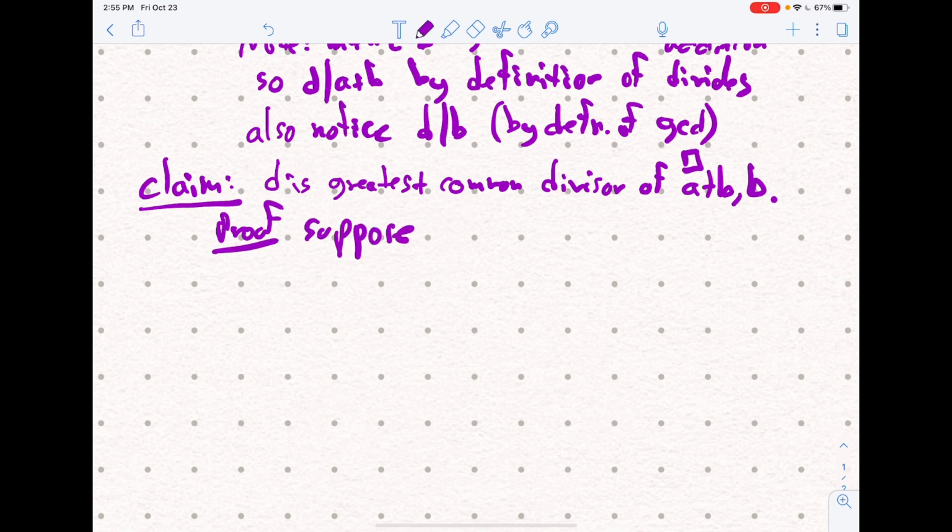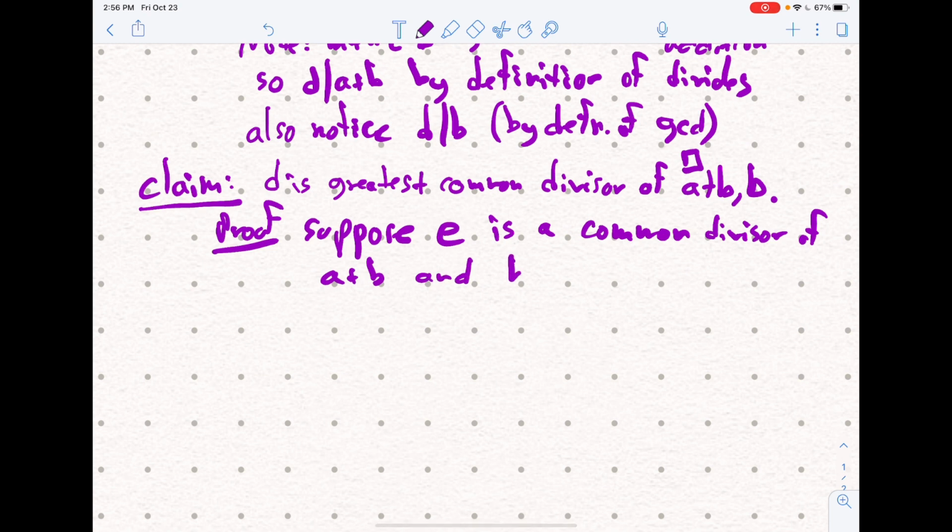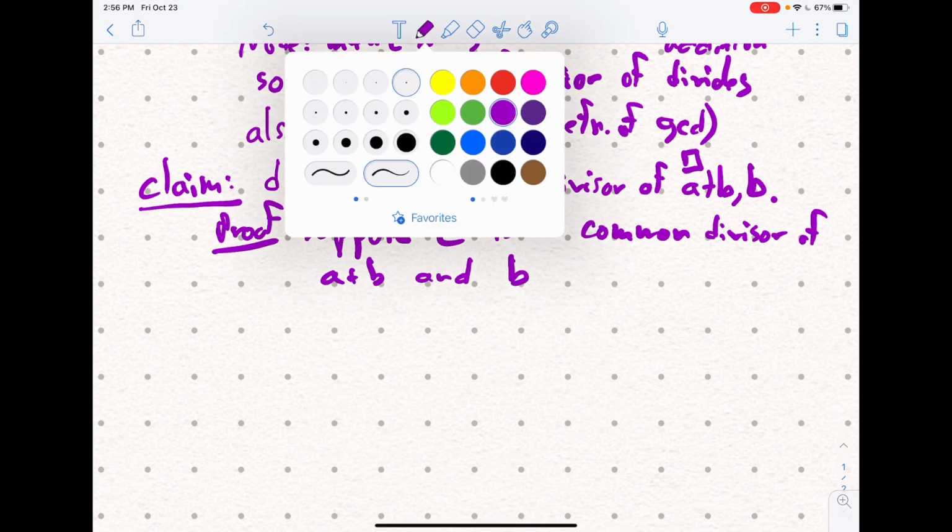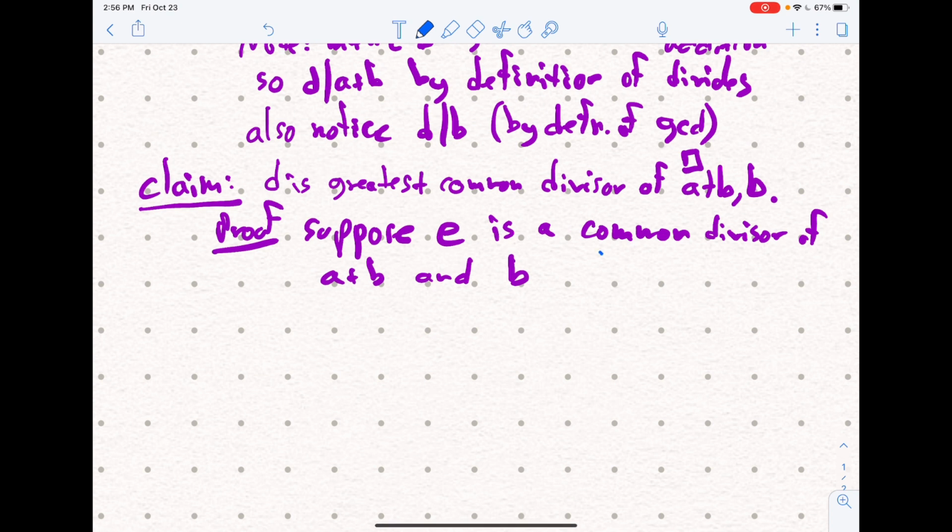Suppose, let's call it E, is a common divisor of a plus b and b. And then I'll put this in a different color to show it's not really part of the proof. What do we want?